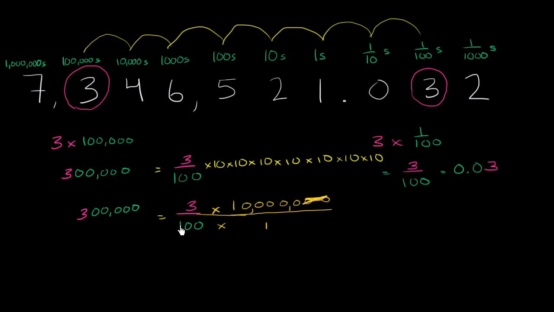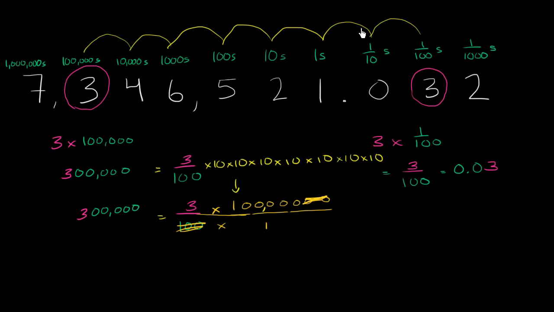Divide the denominator by 100, you're going to get rid of this 100 here. And so you're going to be left with 3 times, and we got to be careful with the commas here, because since I removed 2 zeros, the commas are going to be different. We put our commas in the right place, so this simplified to 3 times 100,000, which is indeed 300,000. So it did work out.